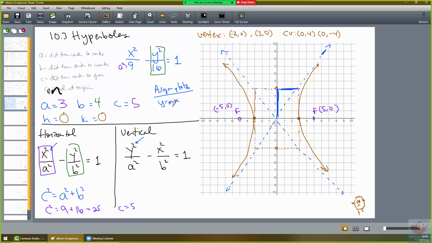So that means that slope is 4/3. So the increasing line would be y equals 4/3 x. And for the decreasing line, notice we had gone down 4, right 3, which means that slope is -4/3.